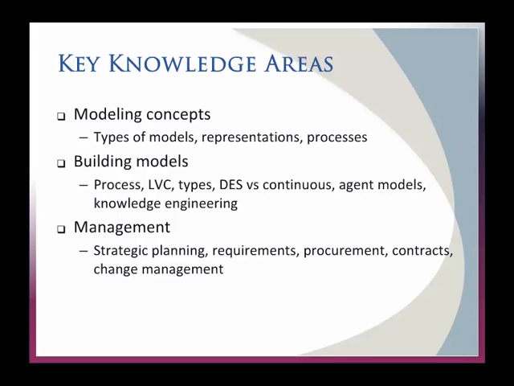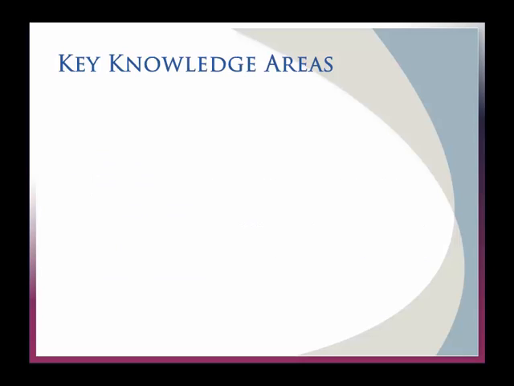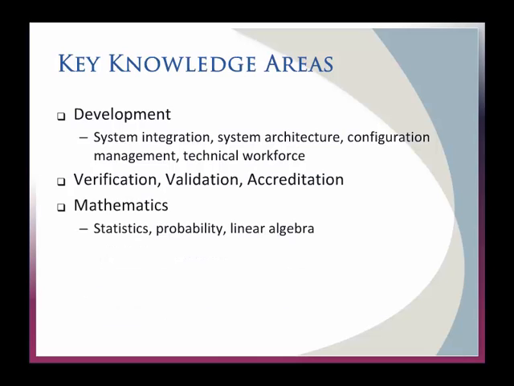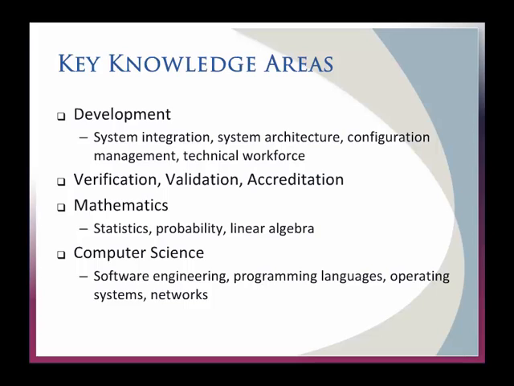You're going to see a lot of these topics in this course are going to come up. Then development processes, so system integration, system architecture, all those sorts of things. VV&A is going to be a topic that we're interested in. Then, of course, there's the foundation of mathematics, computer science topics, and certainly interoperability issues as they apply to modeling and simulation.